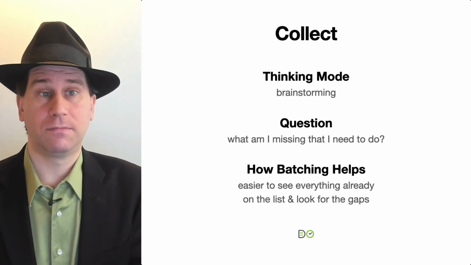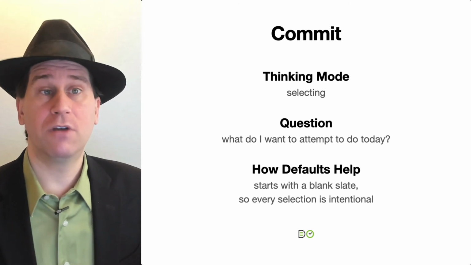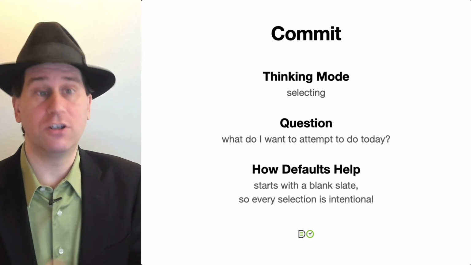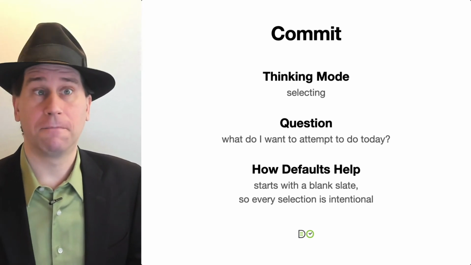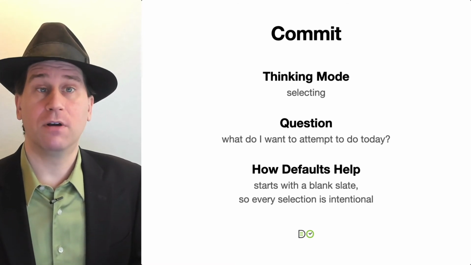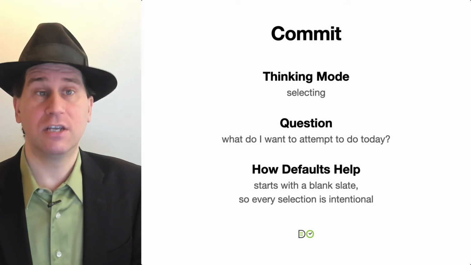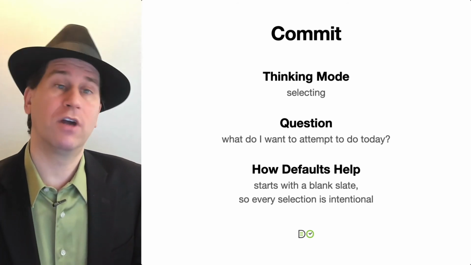What am I missing? Now when we move on to the next step, the commit step, our thinking mode here is selection. I'm selecting what items I actually want to try to do today. So the question is, what do I want to attempt to do today? How defaults help here, as I mentioned, is we're starting with a blank slate, so every selection is intentional. It's helping us be mindful about what we try to do each day.